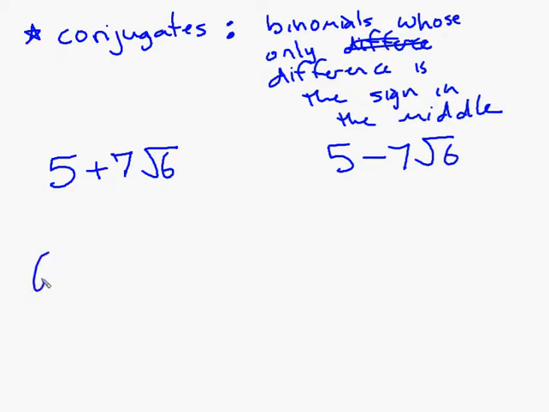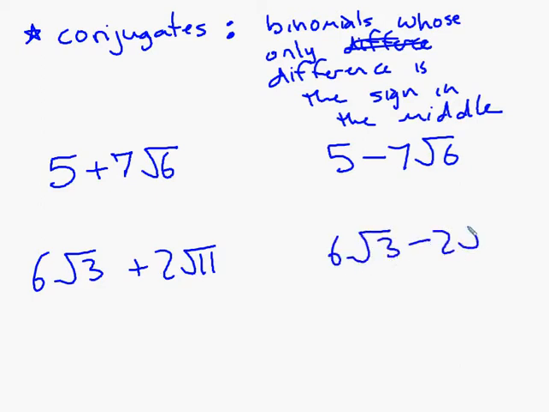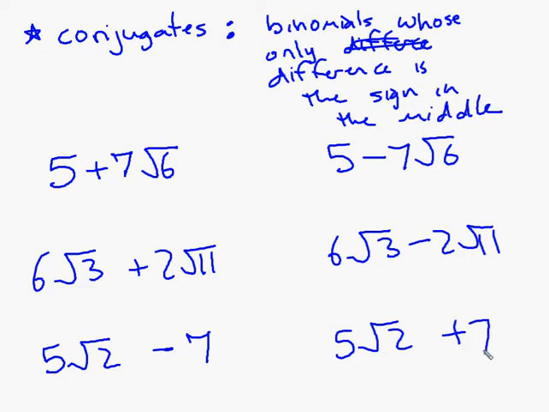And if I had 6 root 3 plus 2 root 11, what's its conjugate? 6 root 3 minus 2 root 11. And let's do one more just to make me happy. It's going to be 5 square root 2 plus 7. Okay, so these are all conjugates. Do you see what a conjugate is?